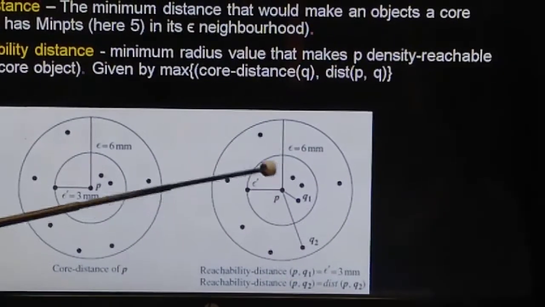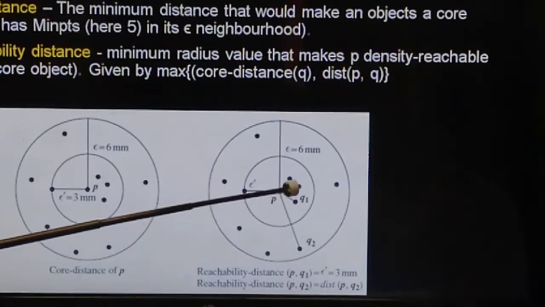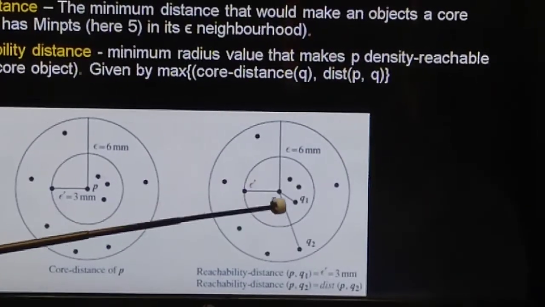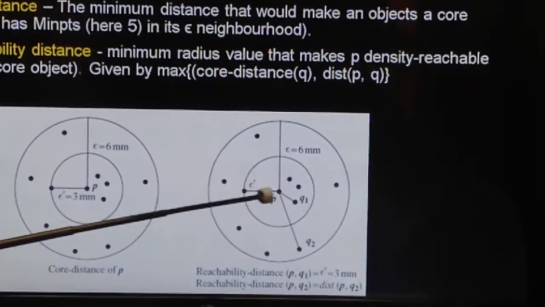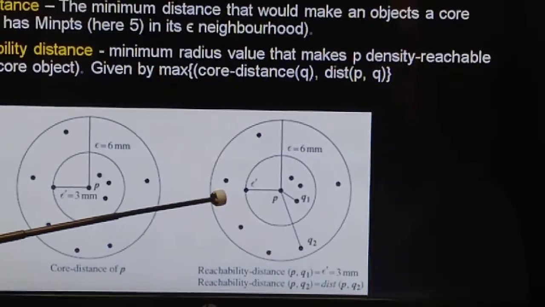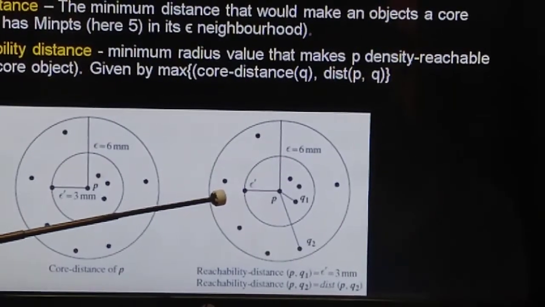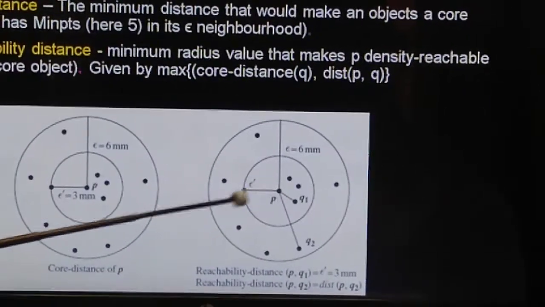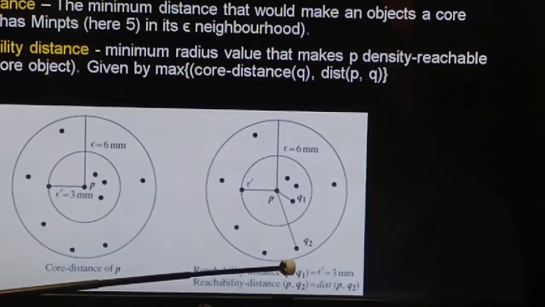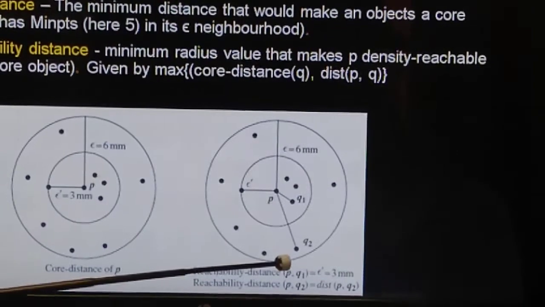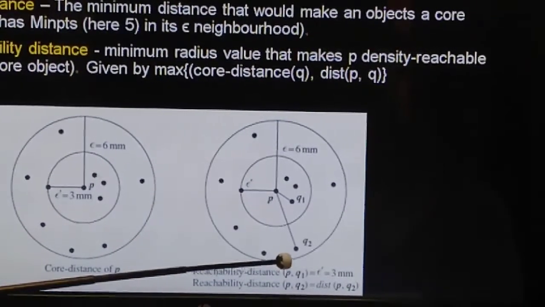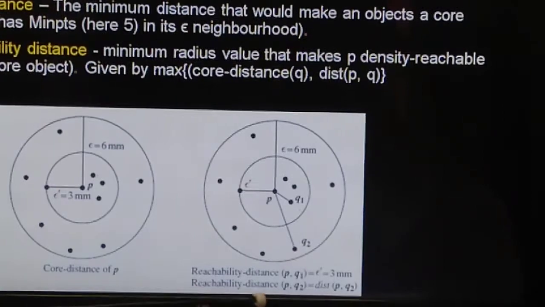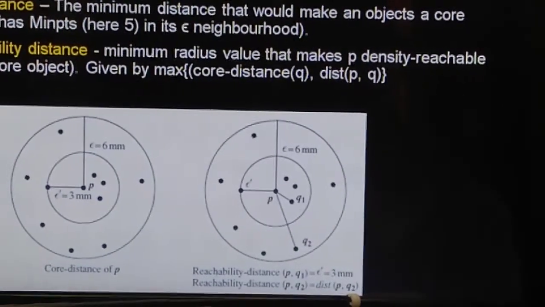Whichever is maximum, that is the reachability distance. So in this case, if this distance and this distance is considered, then the maximum distance is the core distance. So the reachability distance of P comma Q1 is 3 millimeter. But if you look at the core distance and the distance between P and Q2, the maximum distance is the distance of P and Q2. So the reachability distance between P and Q2 is the distance of P comma Q2.